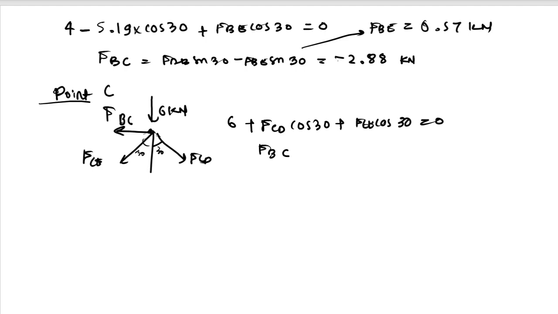In the horizontal direction, we have FBC plus FCE sin 30 is equal to FCD sin 30. So we know FBC, but we do not know FCE and FCD. So from the first equation, we try to substitute one of these terms in terms of the other. Let us substitute FCD.